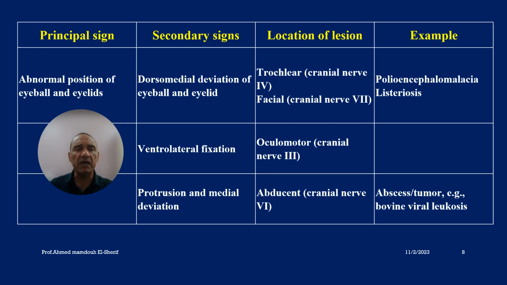When the principal signs are abnormal position of the eyeball and eyelid, while the secondary signs are protrusion and medial deviation, the location of the lesion will be the abducent nerve, cranial nerve number 6. The examples are abscess or tumor, as in the case of bovine viral leukosis.